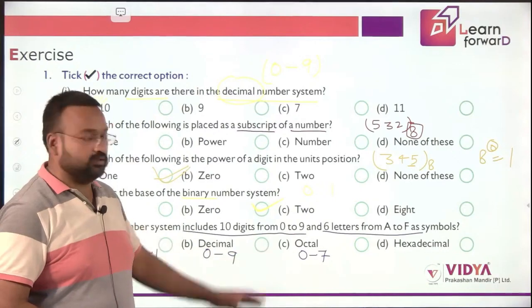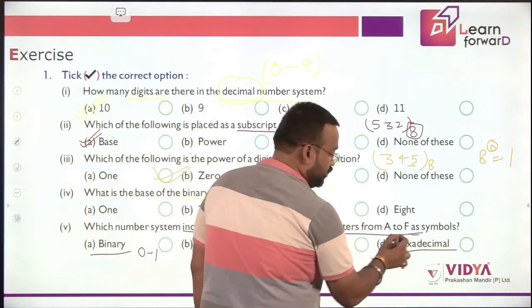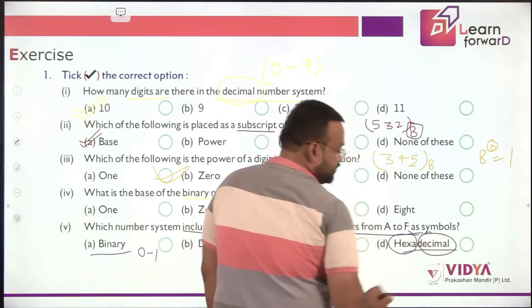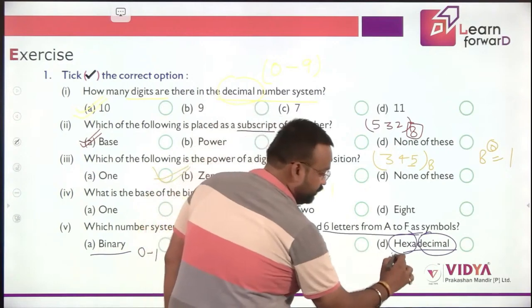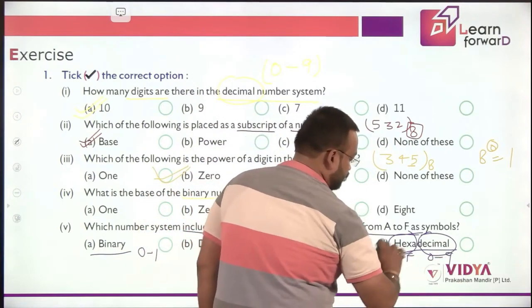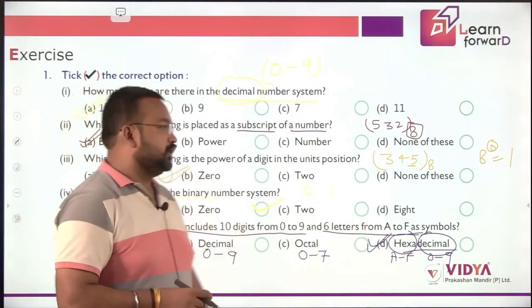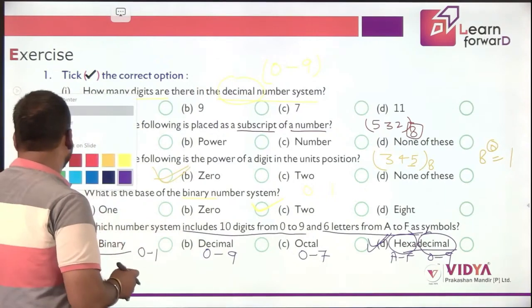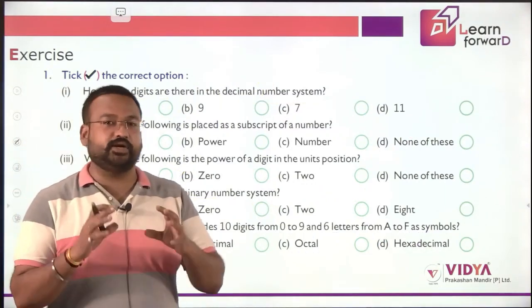So what is the fourth option we are left with? Hexadecimal. As I told you earlier, the name itself has the answer. Hexa means 6 letters from A to F, and decimal means 0 to 9. So the answer to this question is hexadecimal. I hope all these 5 questions are clear to you and this number system topic is clear to everybody.